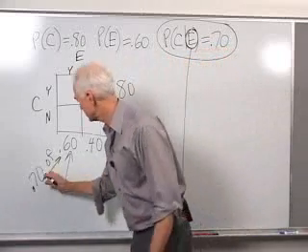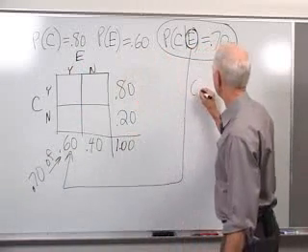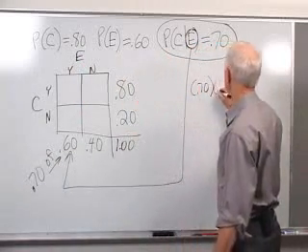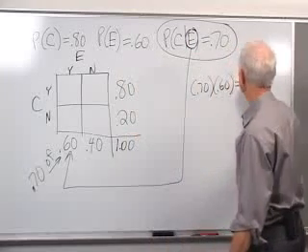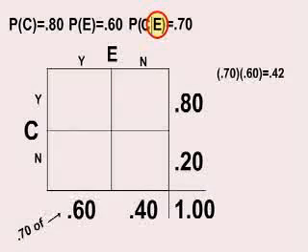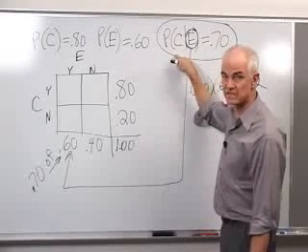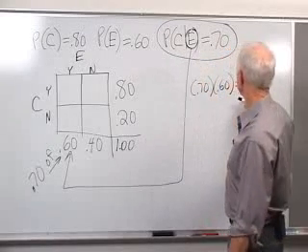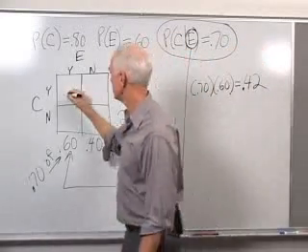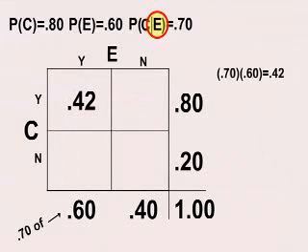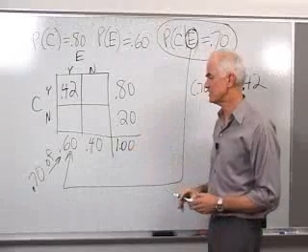If we take 70% of 60%, then we have 0.70 times 0.60, and as a result we have 0.42. Since both the C and the E were yes, then the answer 0.42 lies in the yes, yes cell, or they have a college degree and they have experience.